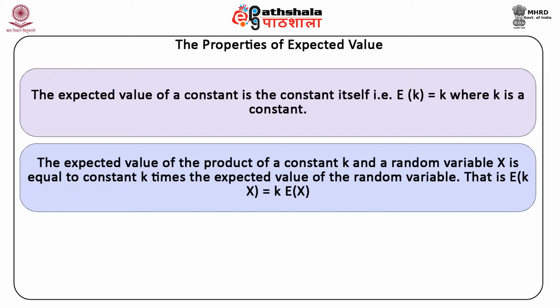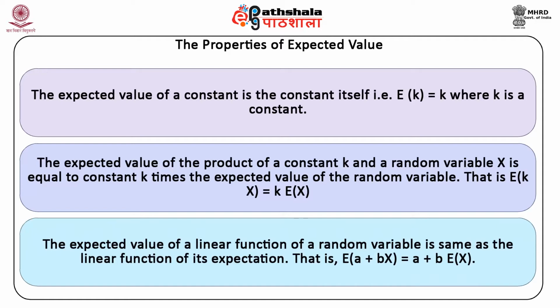That is, expected value of kX is equal to k into expected value of X. The third property is the expected value of a linear function of a random variable is the same as the linear function of its expectation. That is, expected value of a plus bX is equal to a plus b expected value of X.